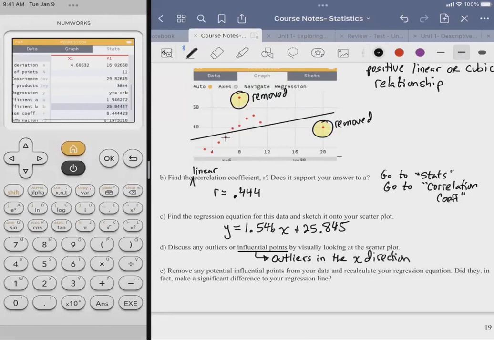All that means is that you have a point that's not just an outlier because it's above the data points. It's an outlier because it's further to the right than the data points, or to the left, a horizontal displacement rather than a vertical displacement. So this one would just be an outlier. This one would be an influential point.